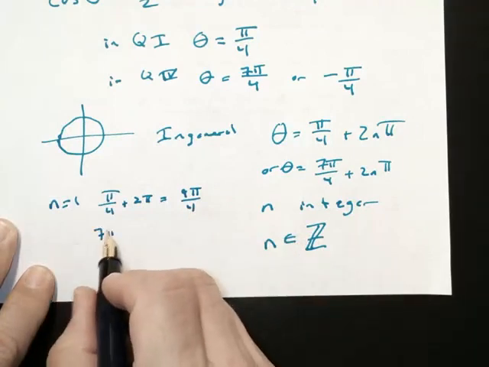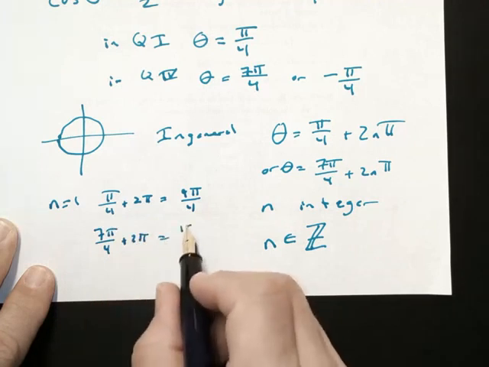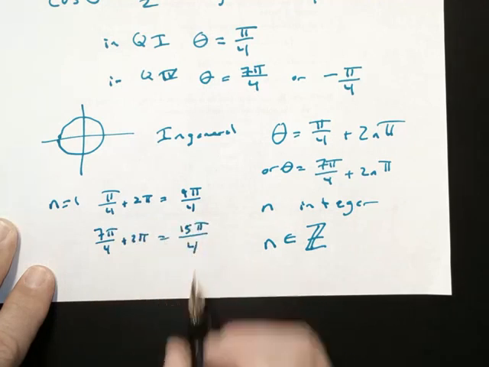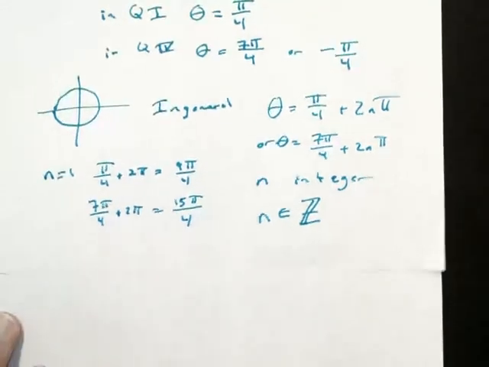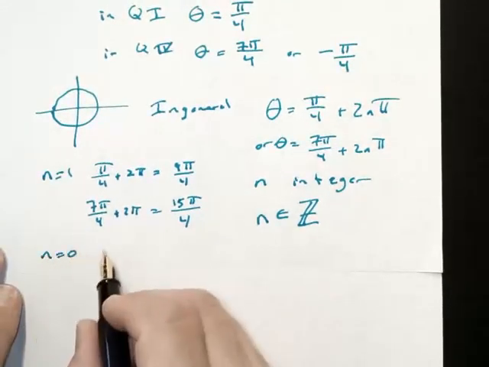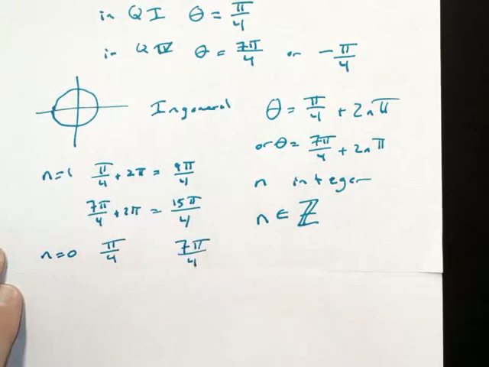If I pick 7 pi over 4 plus 2 pi, that'll be 15 pi over 4. If n was 0, I would have pi over 4, 7 pi over 4, right?